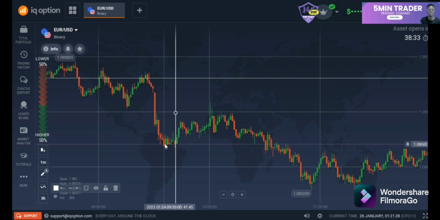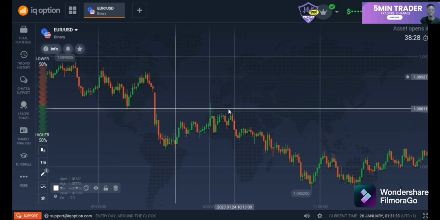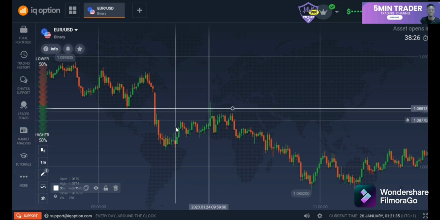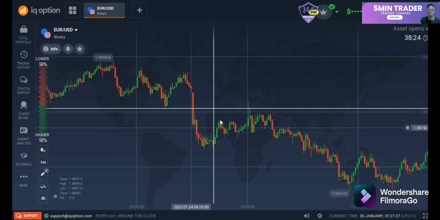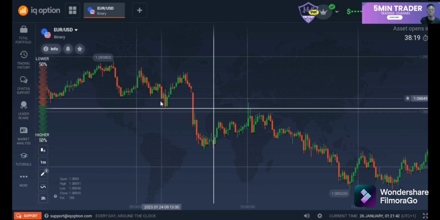You are going to wait for the market to reverse back to a previous well seen area in the past. Like you see, this is where the market reversed from. This is the area. It served here as a support. So you have to wait.